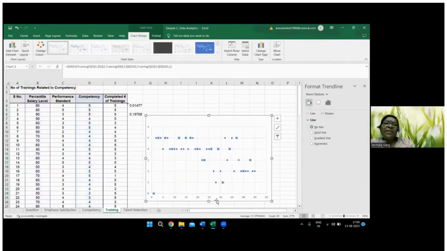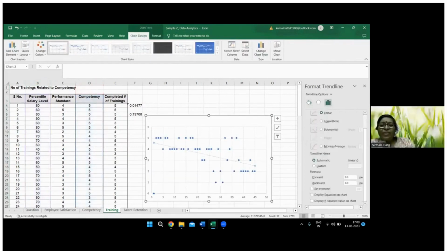So again, there is no correlation. At the time of recruiting, maybe they recruit people as per the recruitment policy, this much salary for a recruitment manager or this much for a quality manager. So they are not giving any additional advantage for the kind of competencies they have.